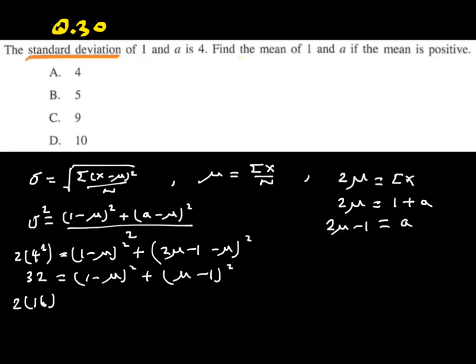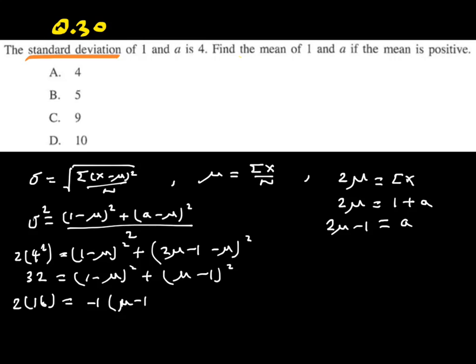Now at this point, what we can do is either make the first term, 1 minus mu, the same as the second term, mu minus 1, by taking out a minus 1, or we could make the second term the same as the first. All I want to do is make the first term the same as the second one. Okay, so let's see how it goes.